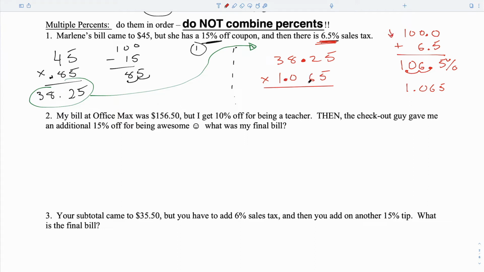Plug that into a calculator. Raise your hand when you have that answer in the calculator.